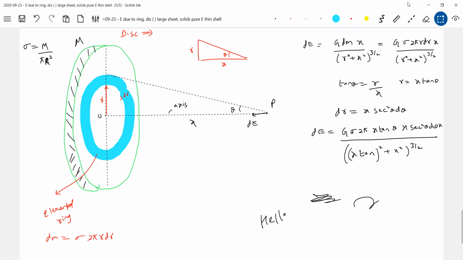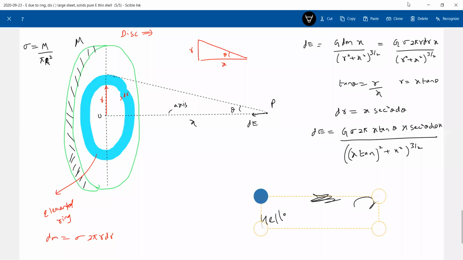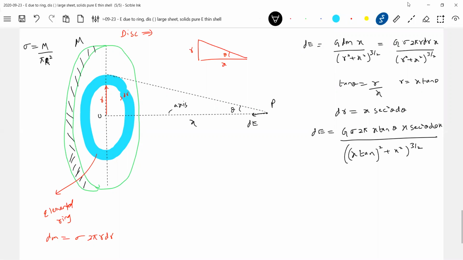Some delay coming. Okay, fine. Let's see, if the problem comes, then we have to restart.